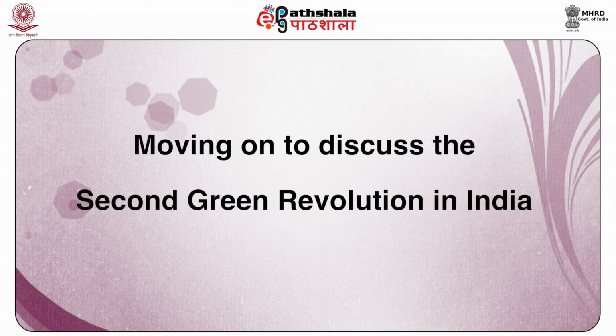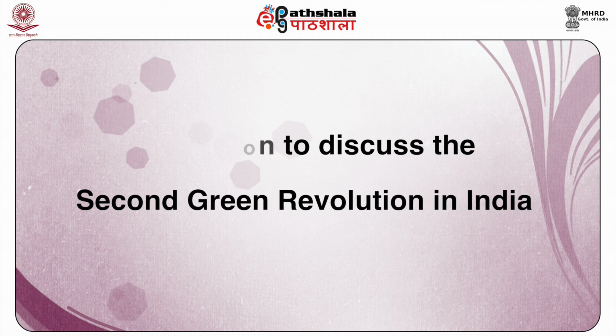Moving on to discuss the second green revolution in India. While the first green revolution was to ensure food security as there was severe scarcity of food in the country, the second green revolution should aim at creating sustainable livelihood security for the poor and eradication of poverty by generating gainful self-employment.